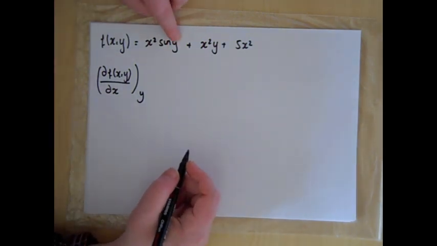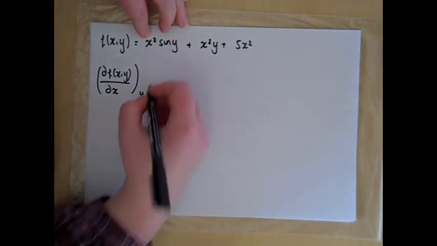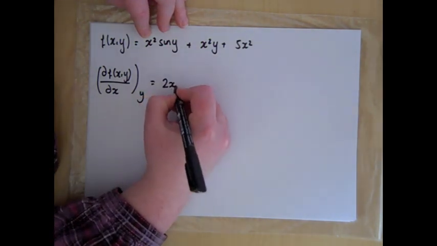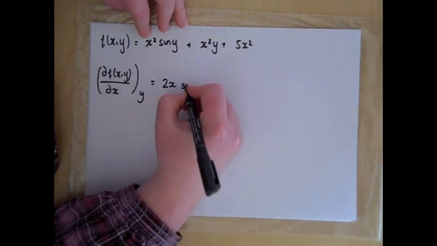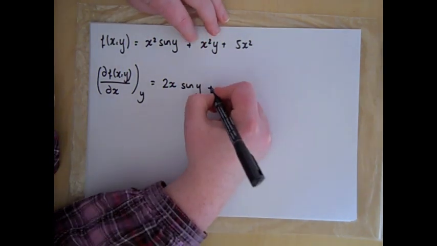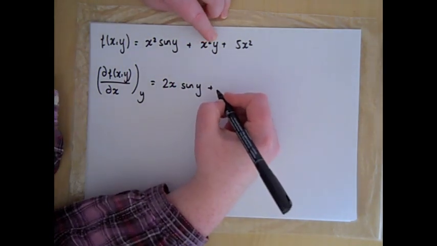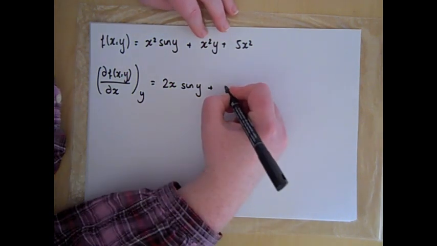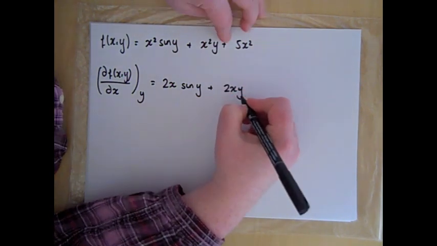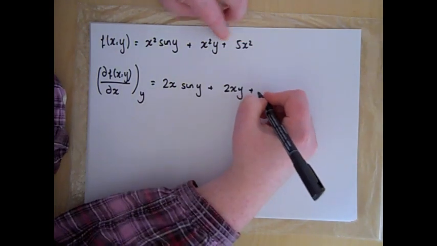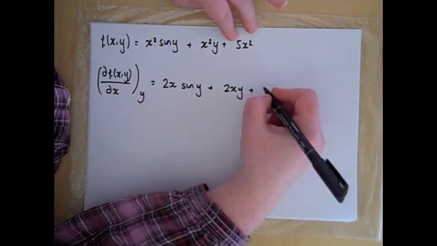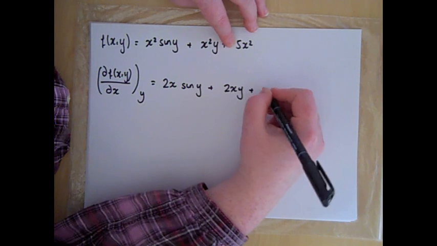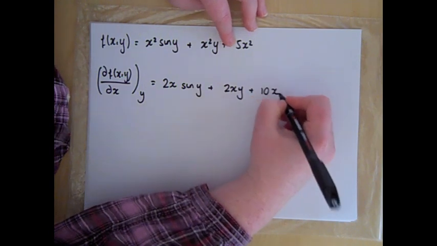If I do it at constant value of y, sine y is just a constant. I differentiate this to become 2x sine y. Here, differentiate x squared. Y is just a constant, just as if it's just a number. And so this becomes 2xy. And here, I differentiate this value here, and this becomes 10x.